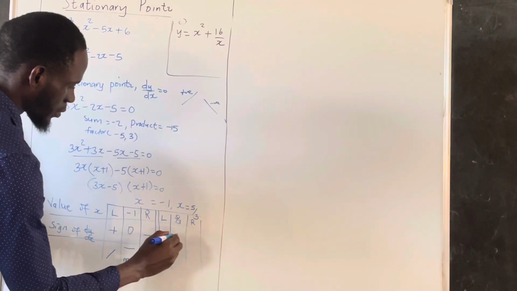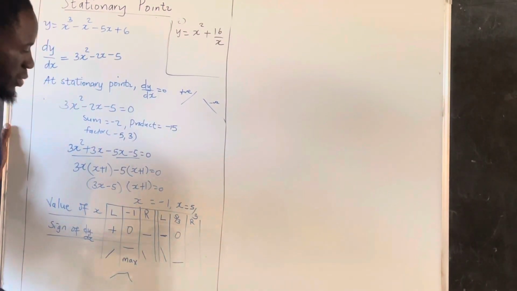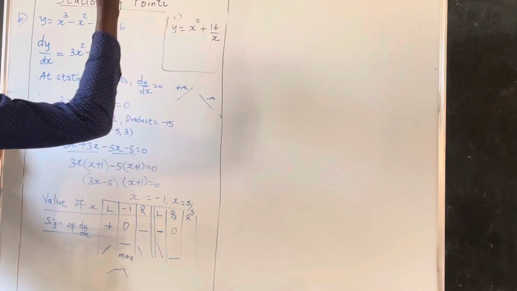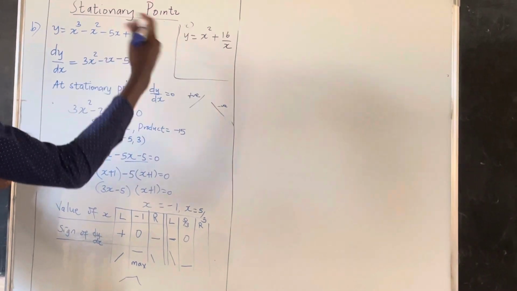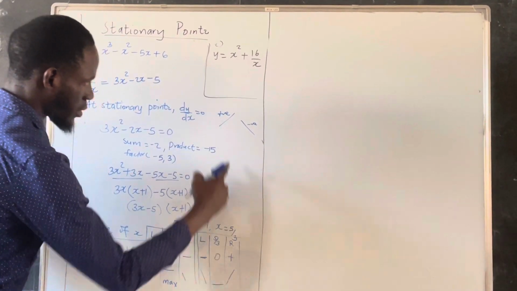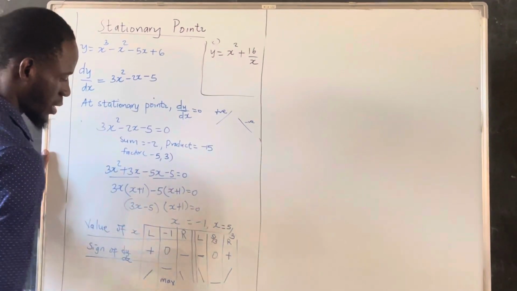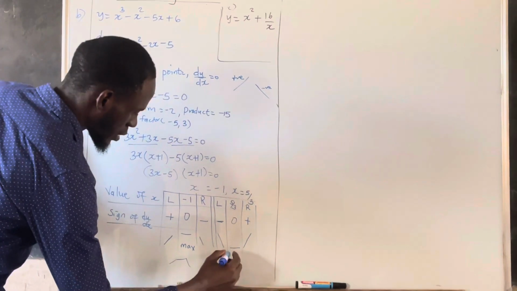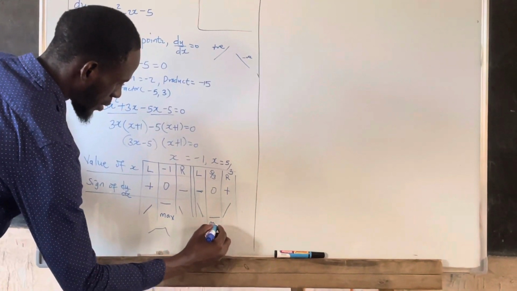Then this is automatically going to be 0. When we choose a value on the right of 5/3, since we don't have any other value of x, even if you choose 100, it is automatically going to give you a positive. It increases like that, so it is in the form of a minimum.